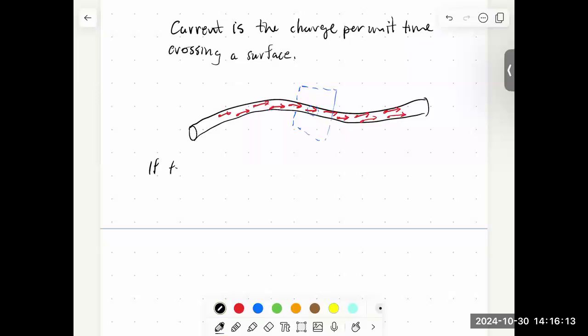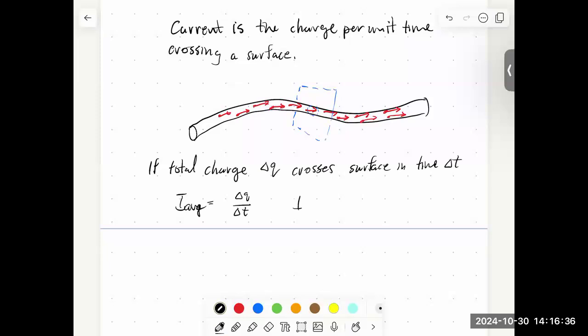So if total charge delta Q crosses our surface in time delta t, then the average current would be equal to delta Q over delta t, and the instantaneous current would be the limit as delta t goes to 0 of that ratio, which is just the derivative dQ/dt.